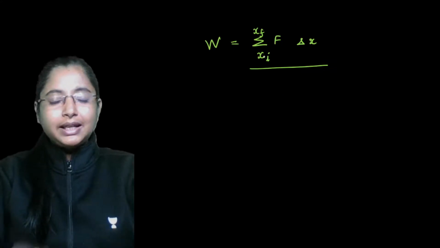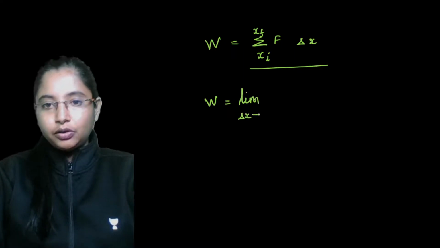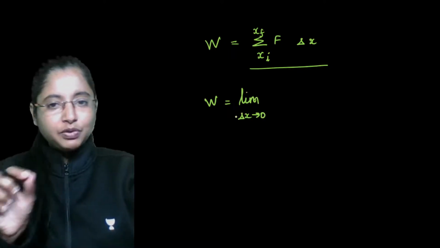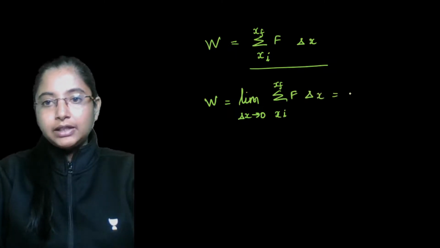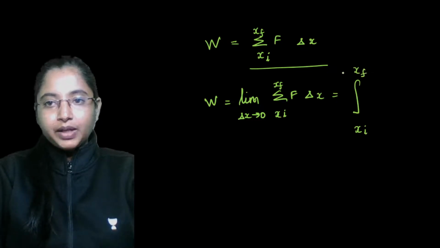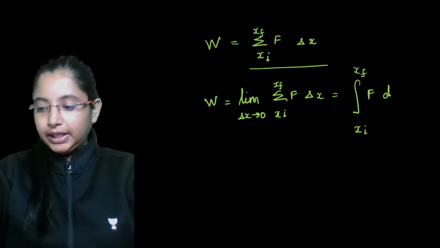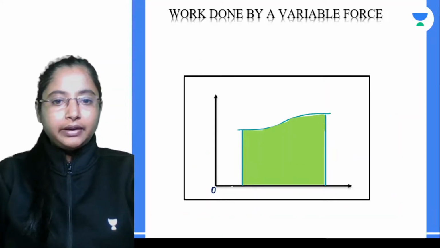Now let's say we take a very small duration, the limit delta x going towards 0, when the displacement becomes very small. The summation of F delta x from initial to final displacement will be equal to the integral within the limits xi to xf of F dx.